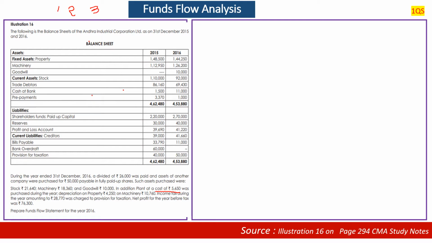And number three, it has got provision for taxation, which has got an item indicated in the adjustment as payment. Once there is a transaction in the adjustment, it is always advisable to keep provision for taxation outside the scope of working capital. These 3 points we will be learning how to treat in this problem.